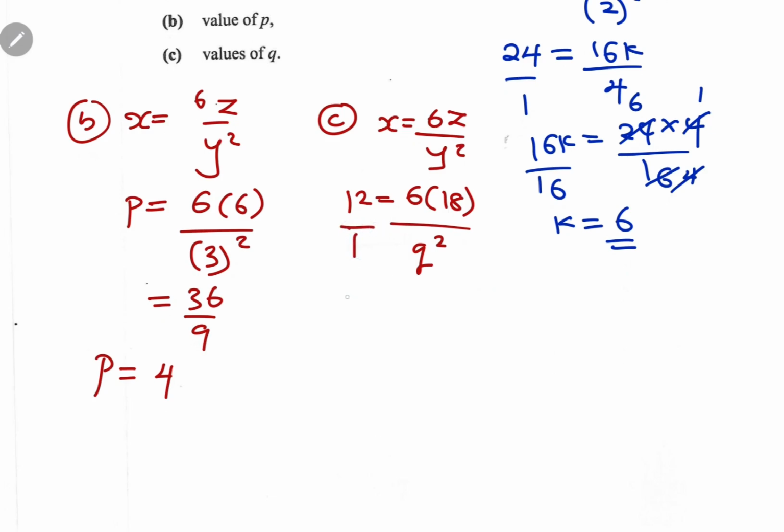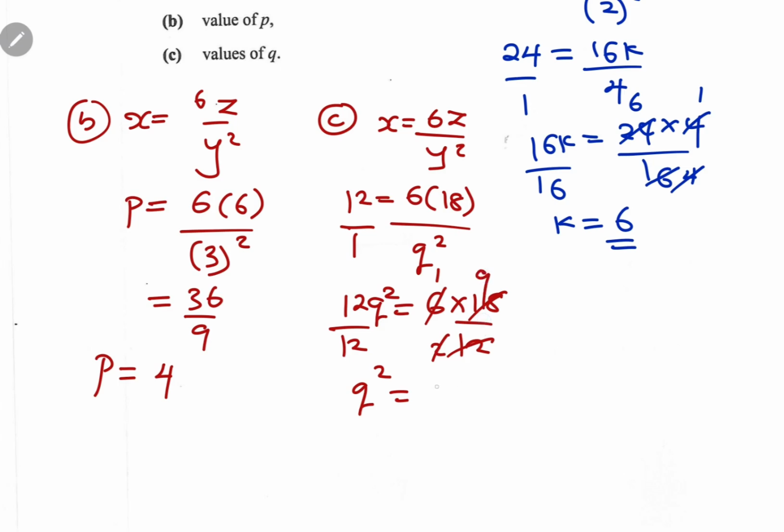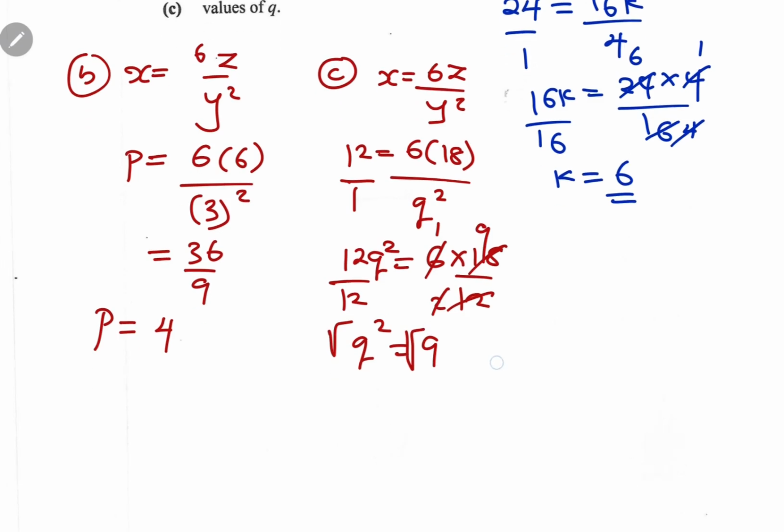Cross multiply. You are going to have 12q square is equals to 6 times 18. Okay? Divide 12. Divide 12. Q square is equals to 6 into 12, 2. 6 into 6, 1. 2 into 2, 1. 2 into 18, 9. So this is a 9. Square root, square root. The question is value of q. So q is equals to positive 3 or negative 3.